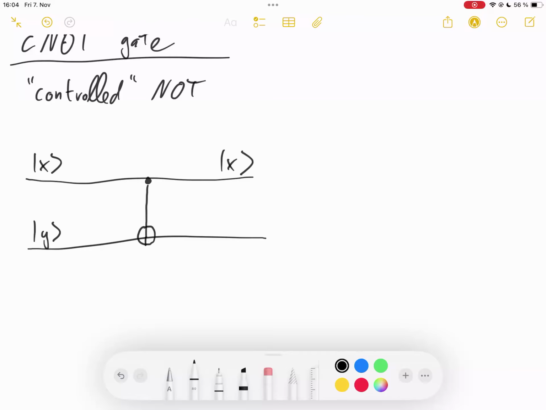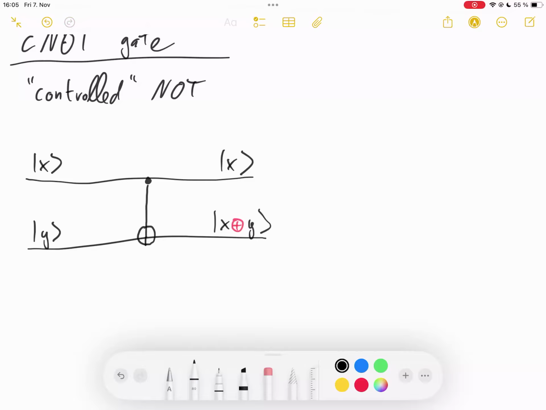The X input will also just be the output. And for the Y, we get this in red. We get something else out. What is this red symbol from a logic perspective? Do you remember what that one is?